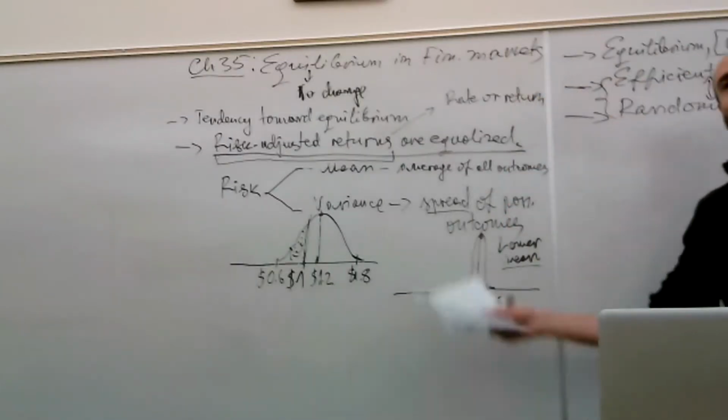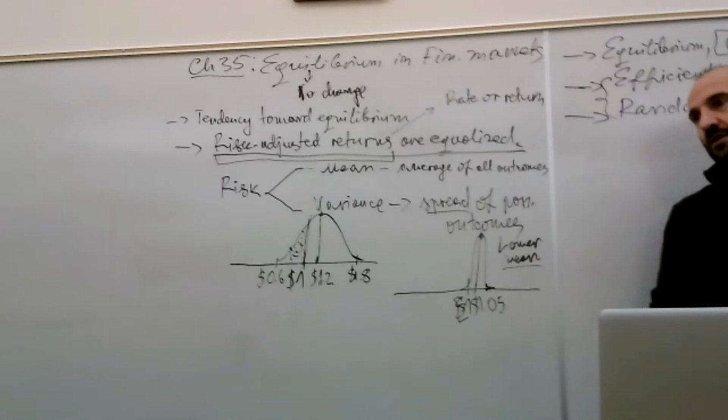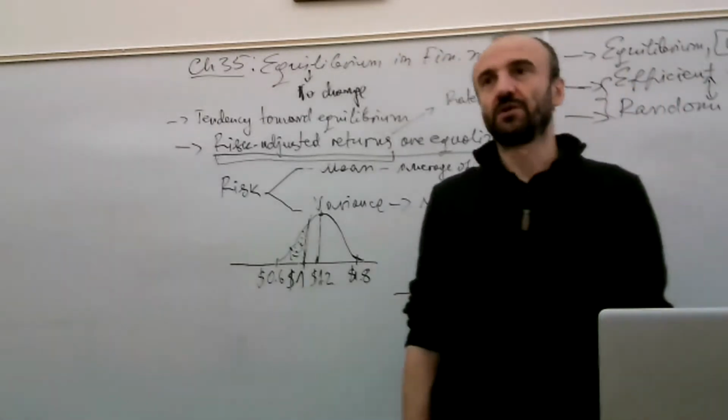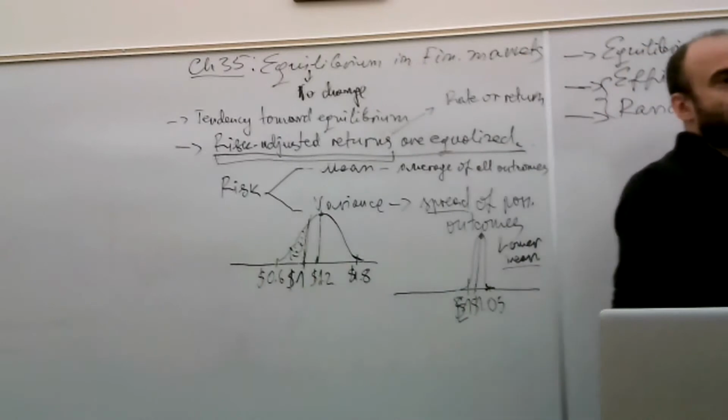So it cannot be avoided. This is kind of an ironclad connection between mean and variance. They always move in the same direction.